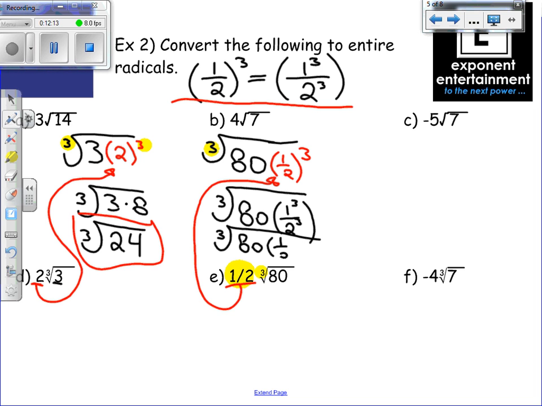Now if you do 80 times 1 over 8, you should just get 10. Remember, there are 2 ways to do that. You can do 80 times 1/8, or you can do 80 divided by 8. That works better for some people. It all depends how you want to see it. Once you do that, your final answer should be the cube root of 10.